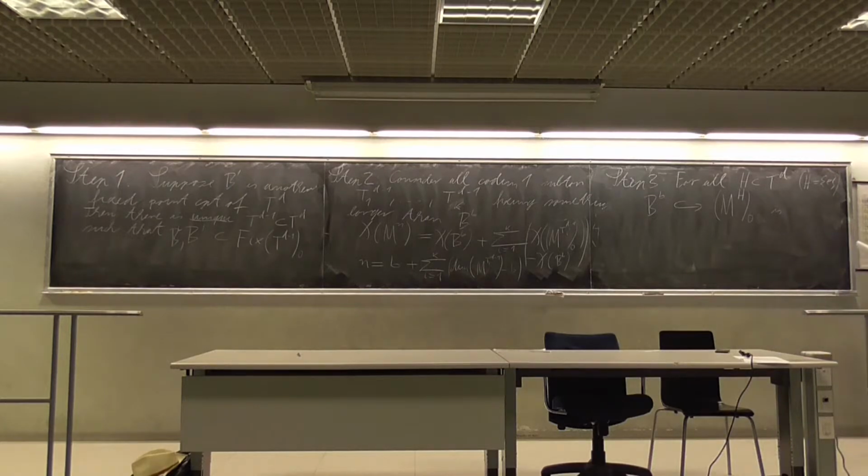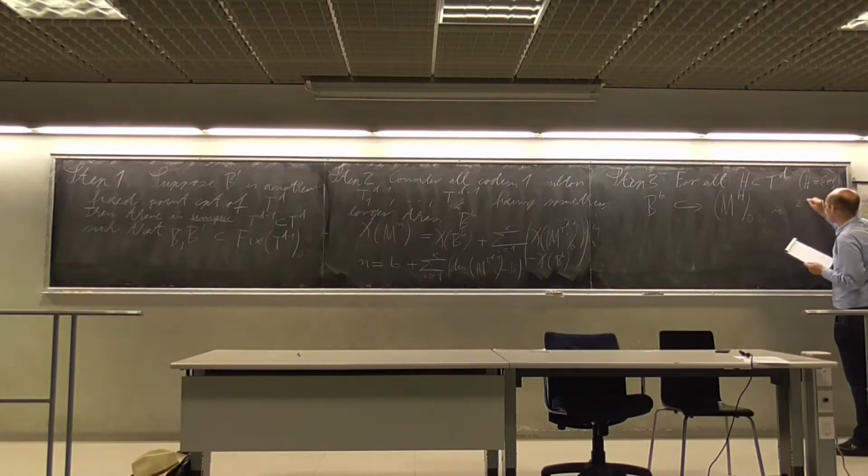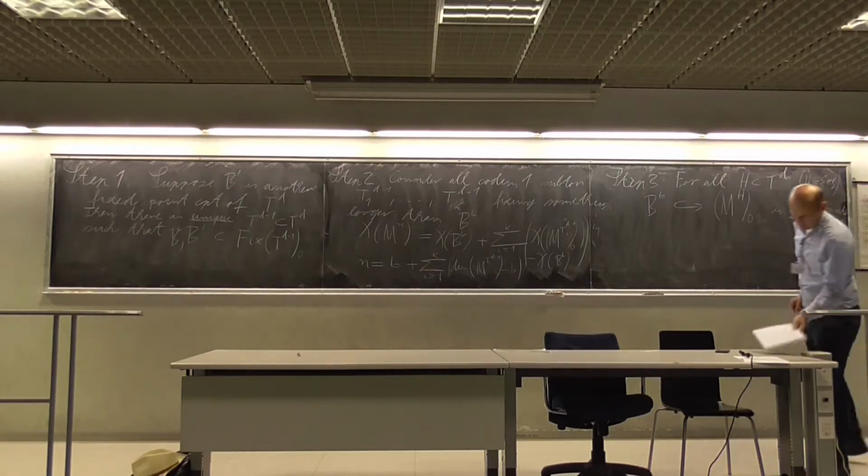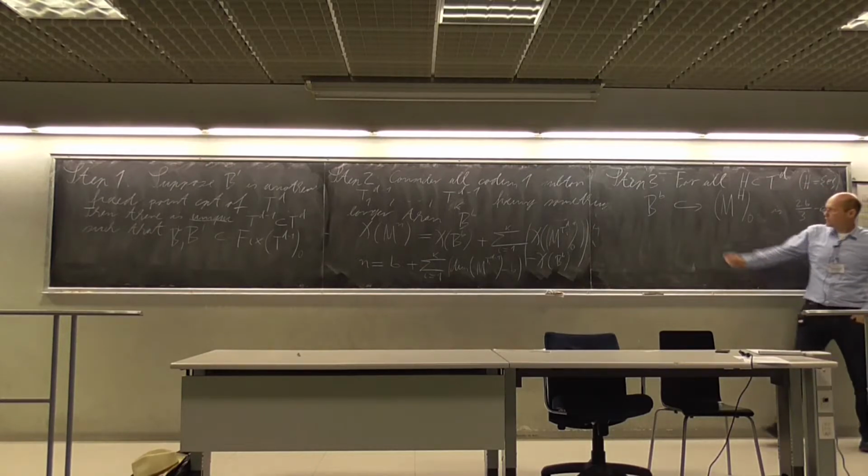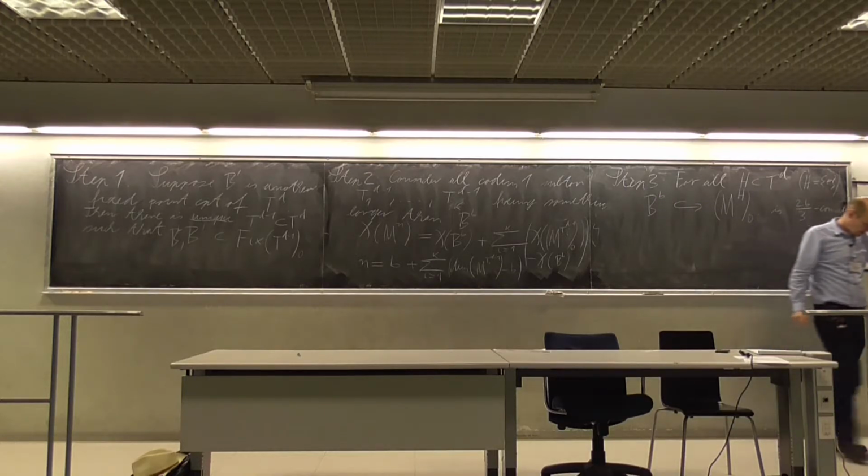The fixed point set is of course everything, is 2b over 3 connected. So that means this submanifold, I mean, it's at least 60-dimensional, right?